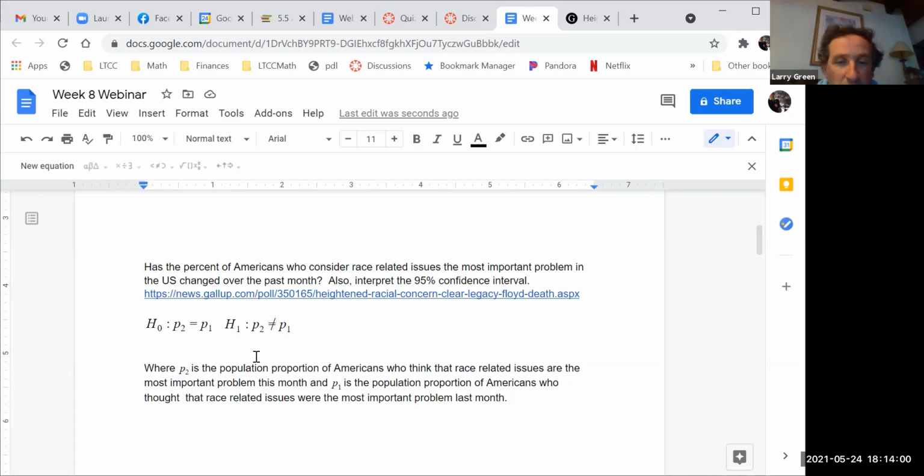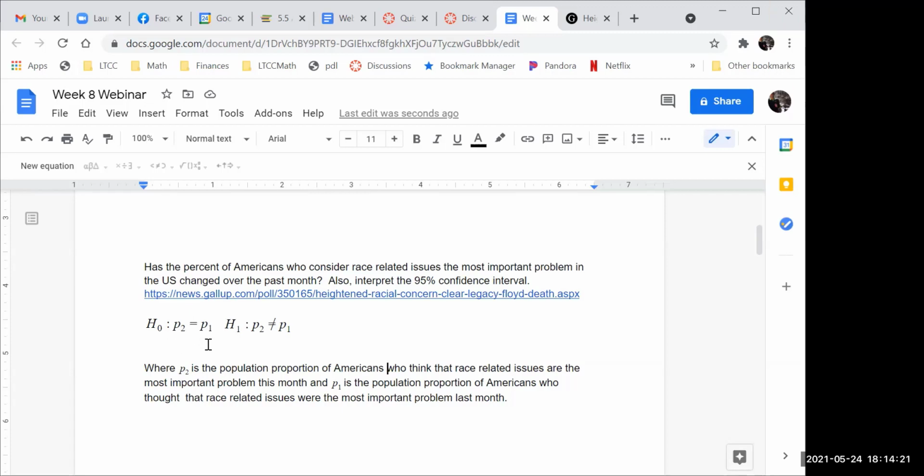That's kind of what's new in this chapter. It's not that much new in this chapter, by the way. But what's new is that we no longer have just P is equal to some number. Now we have two population proportions we don't know, and we want to say, are they equal to each other? So they're both variables. Any questions on that?